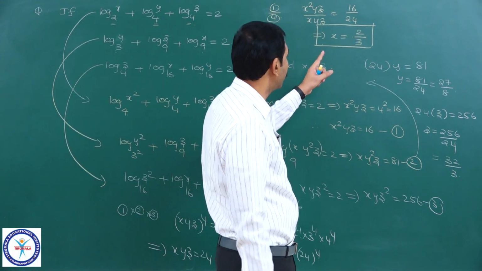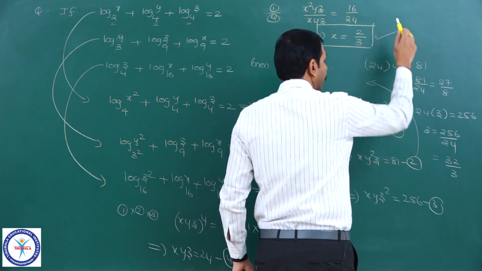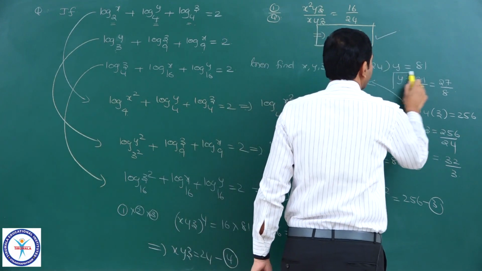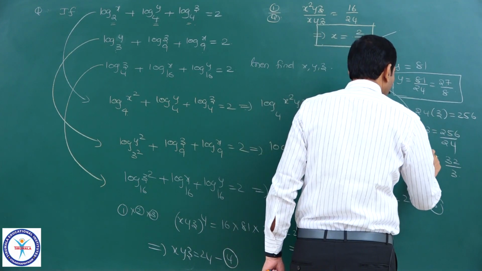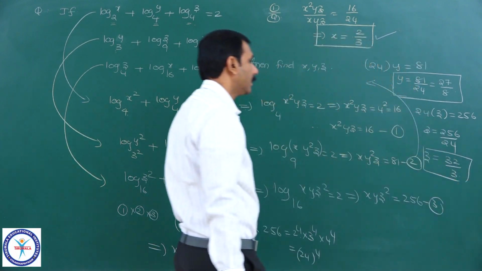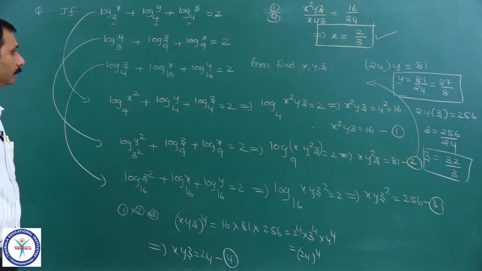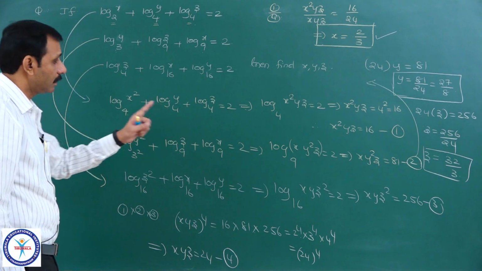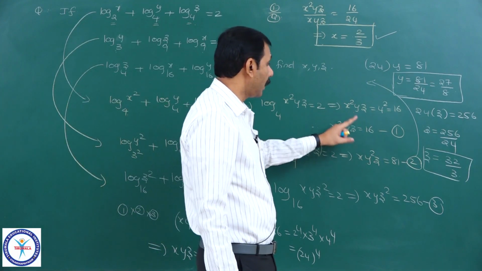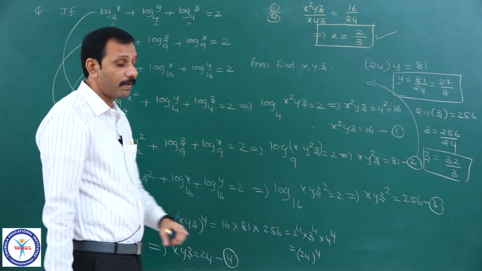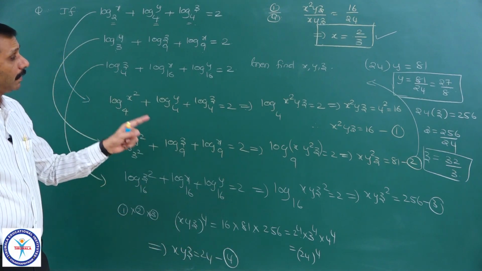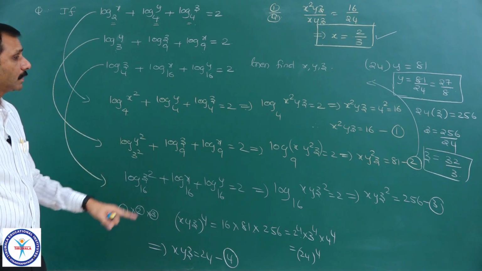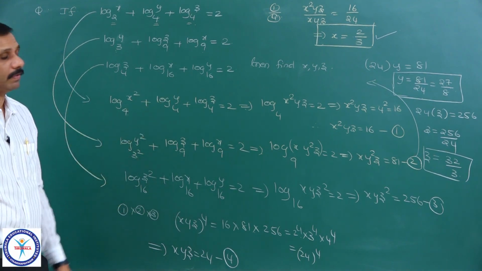Therefore, the x, y, z values are x equal to 2 by 3 and y is equal to 27 by 8 and z is equal to 32 by 3. These are the values. First 3 equations I got. From these 3 equations, I multiplied one more equation, I got the x, y, z value, and then the x value separately, y value separately, z value separately. From these 4 equations I found it.